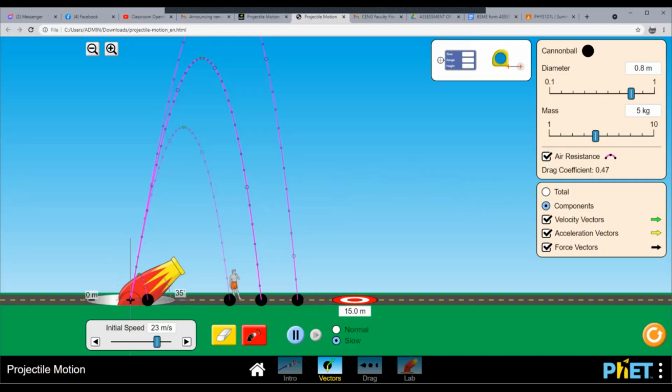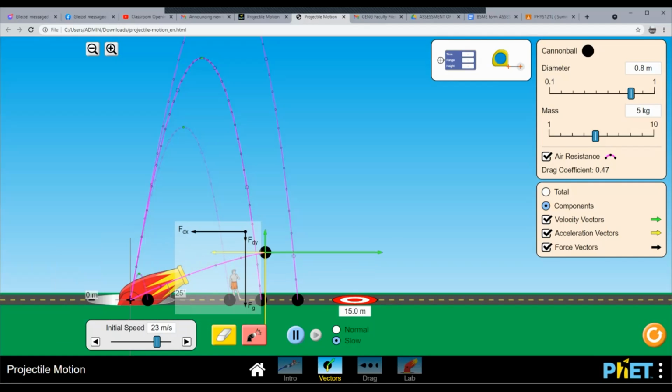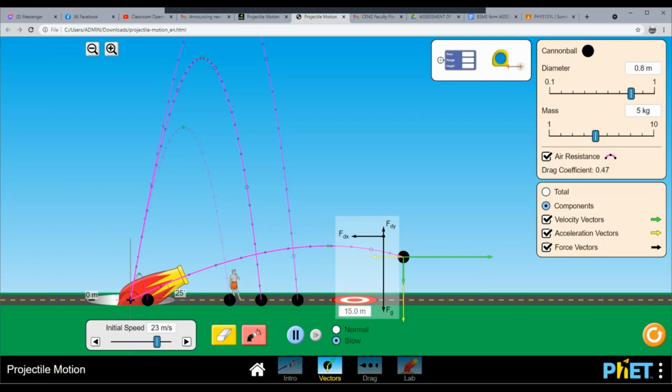Let's try moving this one. Kanina naka 80 degrees yung angle niya. This time, let us try 25 degrees. With the same speed of 23 meter per second, what do you notice?